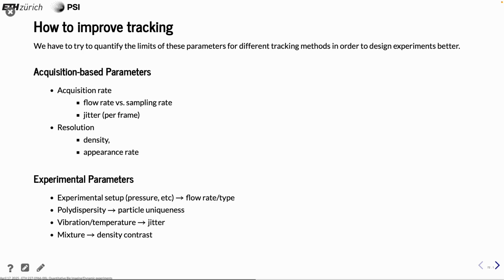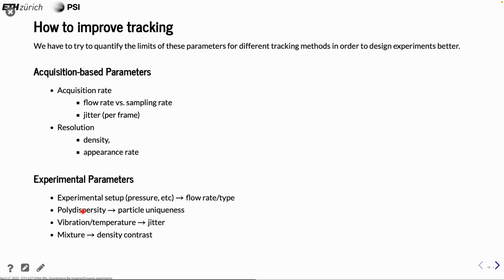Then you have the resolution, and that can also help you to fix density and acceptance rates in your data. During an experiment, of course, you can tune your experiment parameters in a way that they match your acquisition. It's usually a balance. On one side, what the acquisition system can do and what you want to achieve, and then you have to do a match between those.